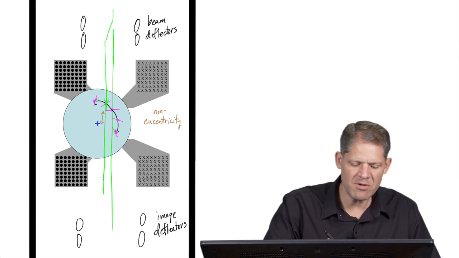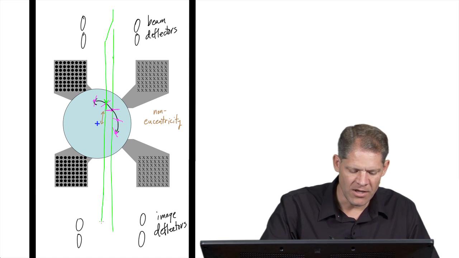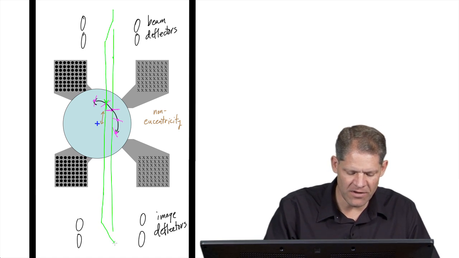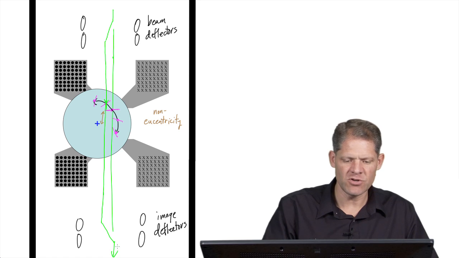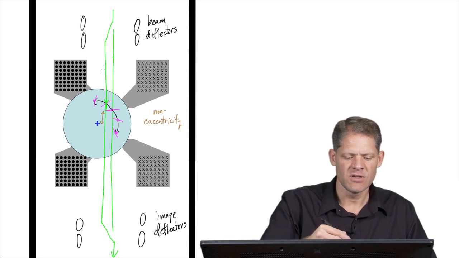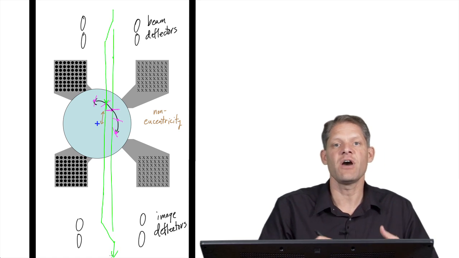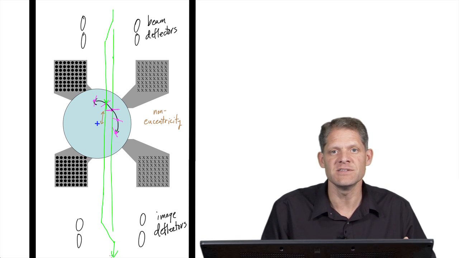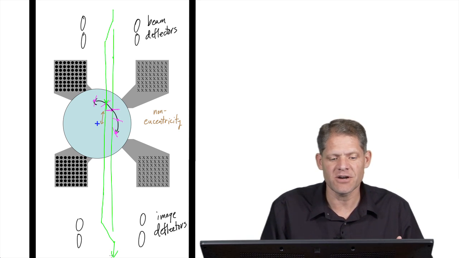And we can use the image deflectors then to undo the shift that we induced with the beam deflectors so that the image goes straight down the optical axis of the later lenses and hits the center of our detector.